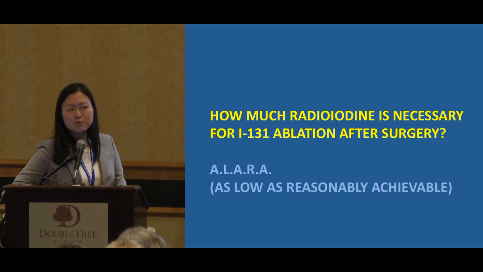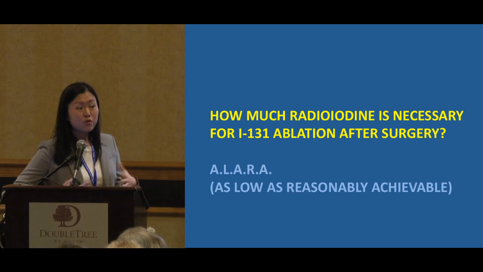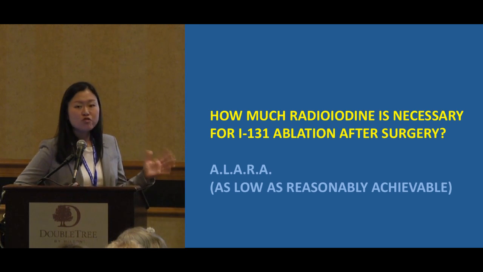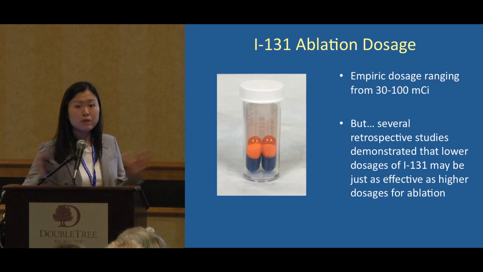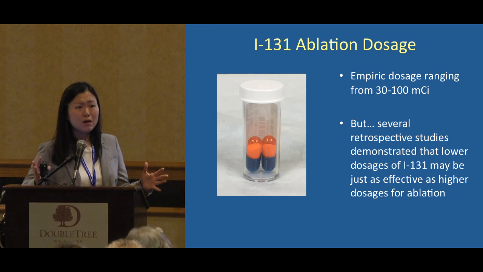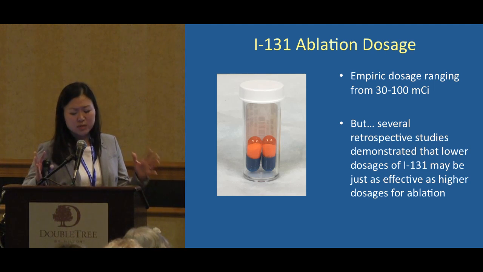Now, in terms of how much patients have been getting for ablation dose, it ranged anywhere between 30 to 100 millicuries, so there's a big range. When I was in training about 5 years ago, a lot of patients that I saw with very, very low risk ended up getting like 50 to 75. If maybe one tiny lymph node was involved, they would give 100.